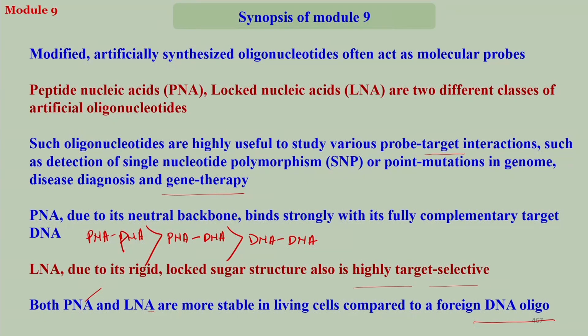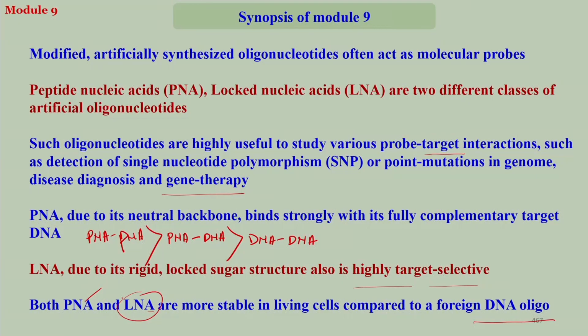It is not chopped off by the nucleases, because PNA has the peptide backbone and nucleases cleave only the phosphodiester bonds. So, PNA is very stable. LNA, because of its locked and unnatural structure, is also quite stable against the nucleases. So, they will persist longer in the living cells, to allow you to do your studies.